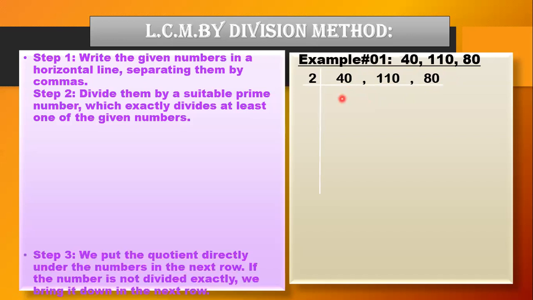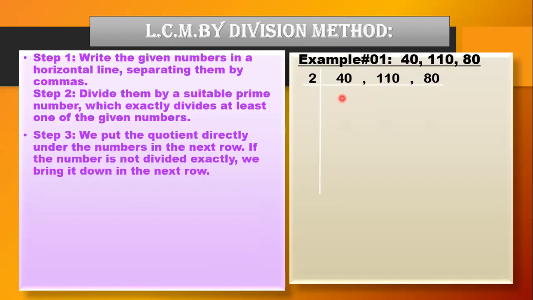We have to write all the quotients under the numbers in the next row. And if a number is not divided exactly, we bring it down in the next step. Now look here, 2 10 times is 20, 55 as it is, then 2 20 times is 40.